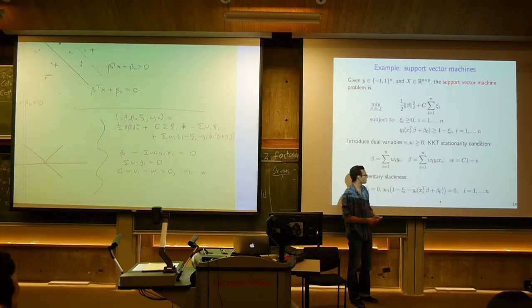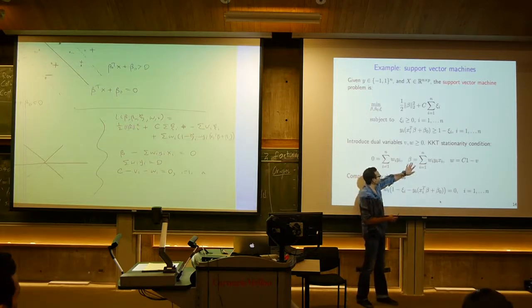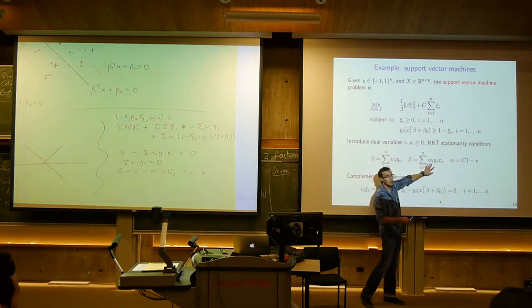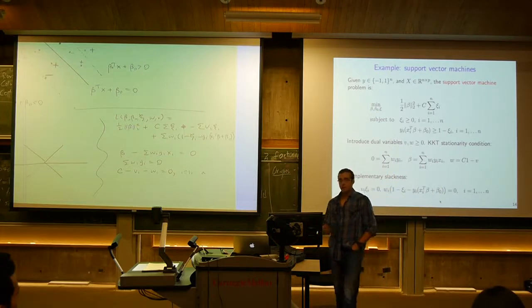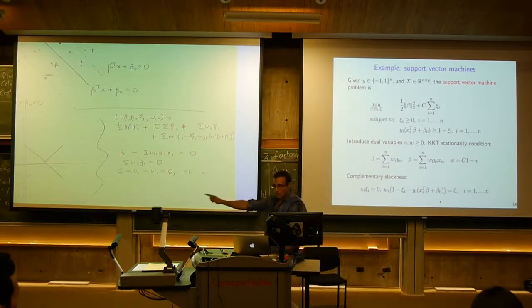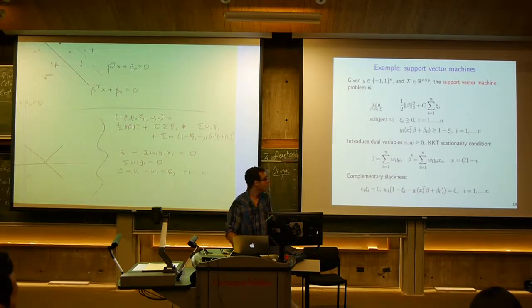More so than that, though, we can see that the primal solution is only ever determined by points for which the dual variable is not 0. If w_i was 0, then the point y_i x_i would have no effect whatsoever on the primal solution beta. So I'll say that again. Points for which w_i is non-zero are the only points that actually matter in determining the primal solution. Those are called support points.